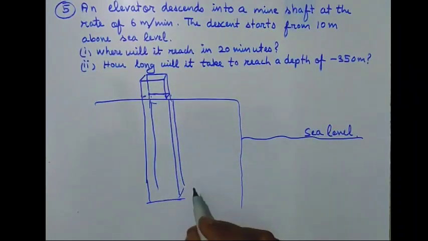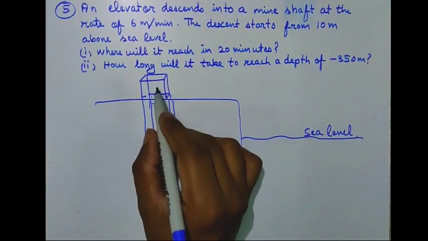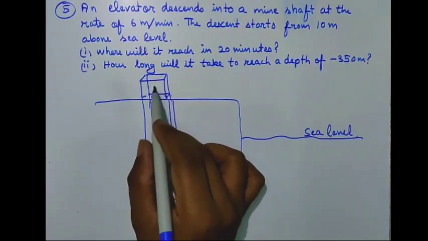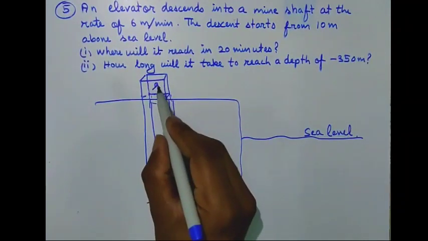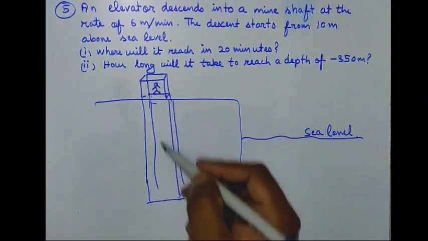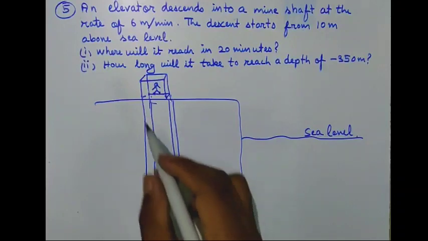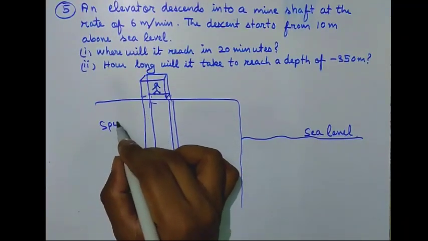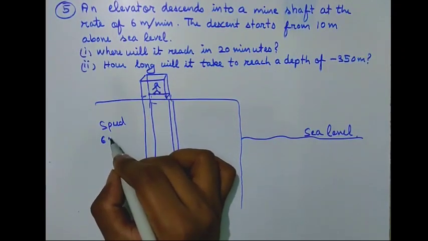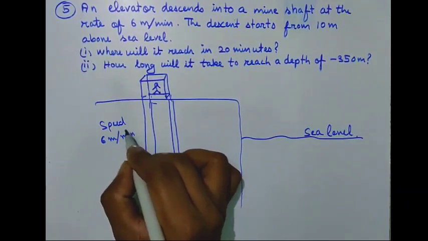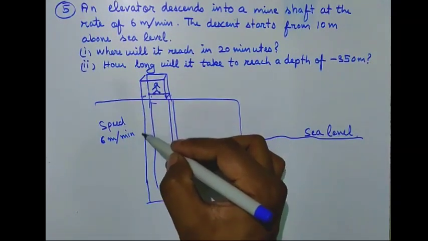Suppose this person is inside the elevator, so this elevator descends at the speed of 6 meters per minute.